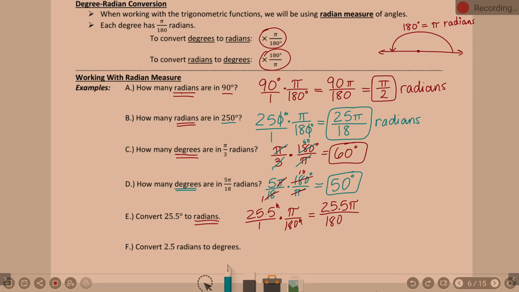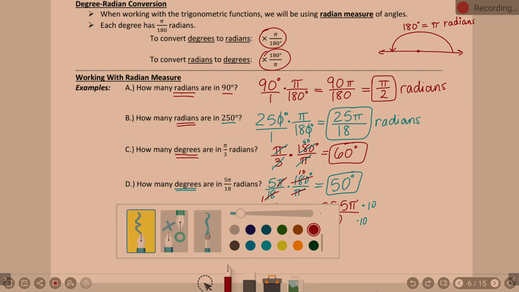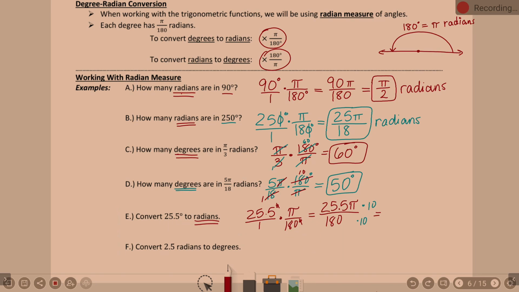Because what does multiplying something by 10 do? It adds a 0, or if there's a decimal, it moves it over 1. So an option, and I'm not going to say it's the only option, but we can multiply by 10. If I multiply the top by 10 to get rid of that decimal, then we need to multiply the bottom by 10. So 25.5 pi times 10, well, just worry about 25.5 times 10, is going to be 255 pi over 180 times 10.